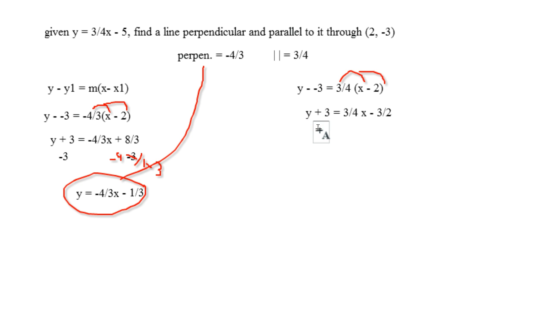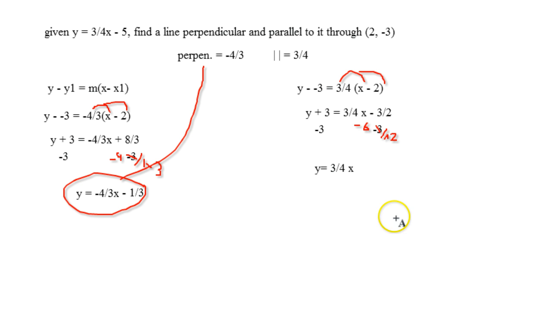Now over here we just minus the 3, and we get y equals 3/4 x. Once again we just get a common denominator, so this becomes 2. This becomes negative 6.